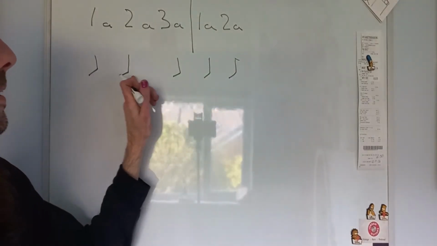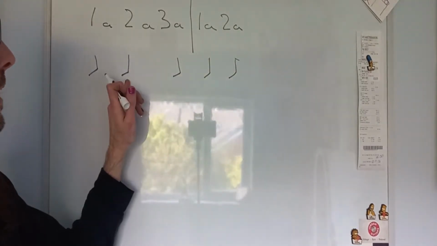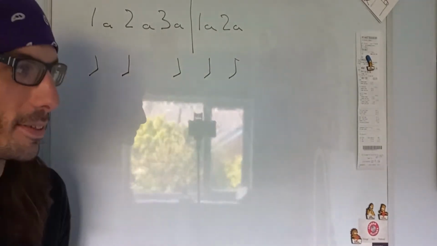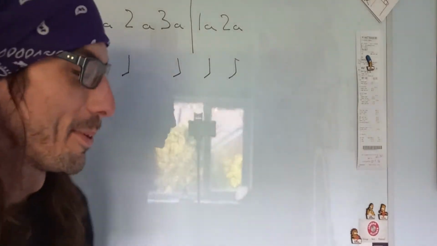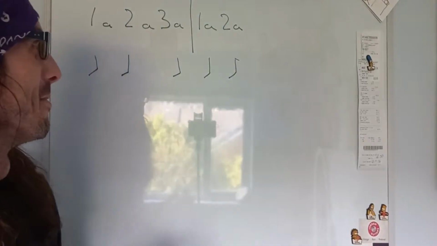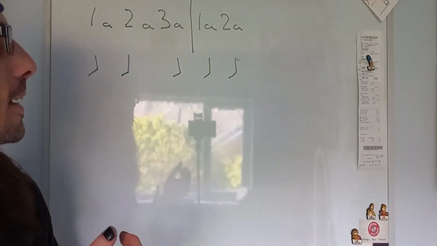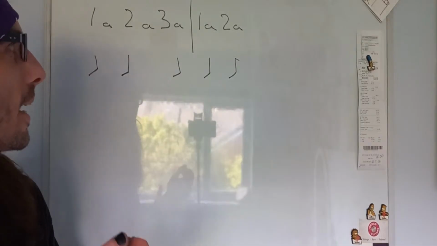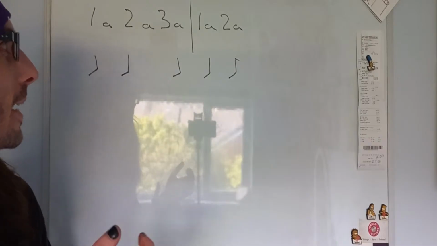Da, da, ge, go, ga, ga, ga, ge, go, ga, ga, ge, go, ga, ga. I think I'm losing the plot a little bit here with this one. Right, so 2, 3, 4, and da, da, ge, go, ga, ga, ge, go, ga, ga, ga, ge, go, ga, ga, ga.